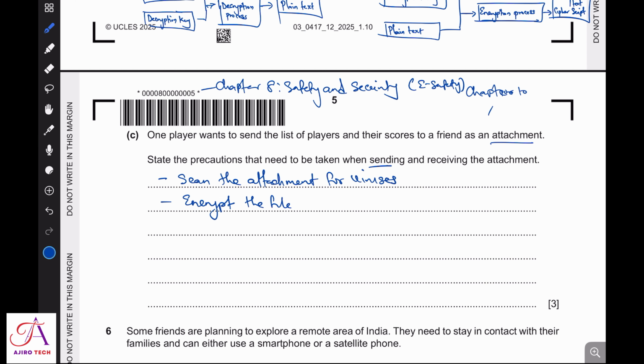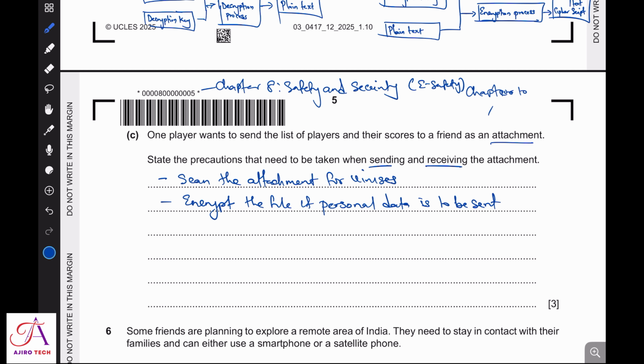They said sending and receiving. So we've talked about receiving, let's talk about sending. Encrypt the files if personal data is to be sent.